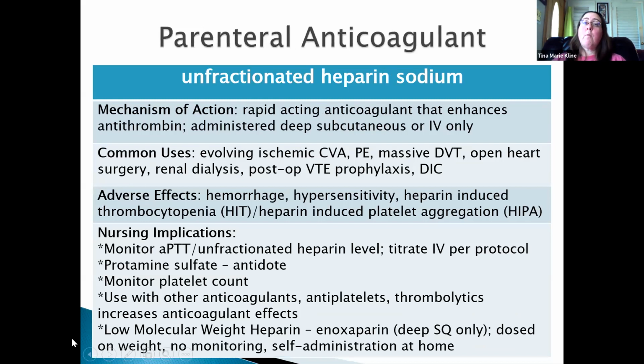All right, so our parenteral anticoagulants, and I'm focusing mostly on heparin here. We did cover heparin back in Unit 3 in relation to subcutaneous heparin. That's commonly given subcutaneous, either heparin or subcutaneous Lovenox, in order to prevent a DVT post-surgery, post-orthopedic surgery.